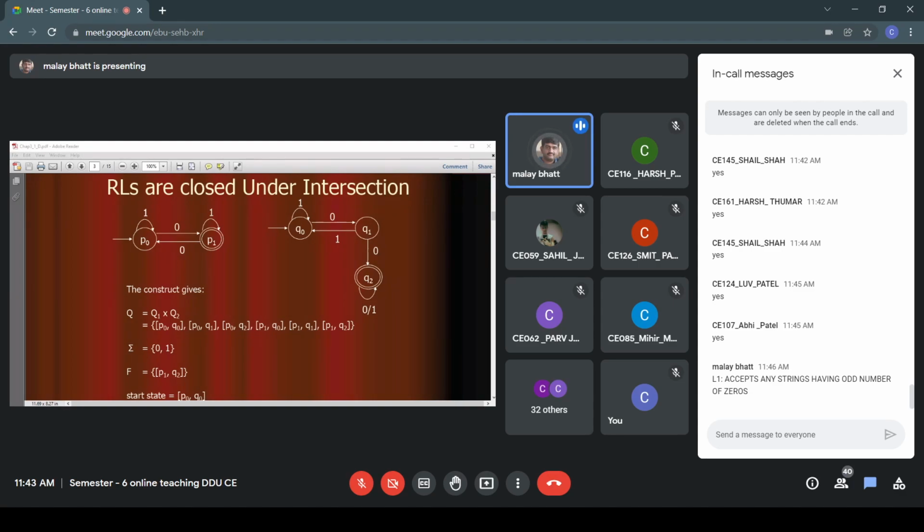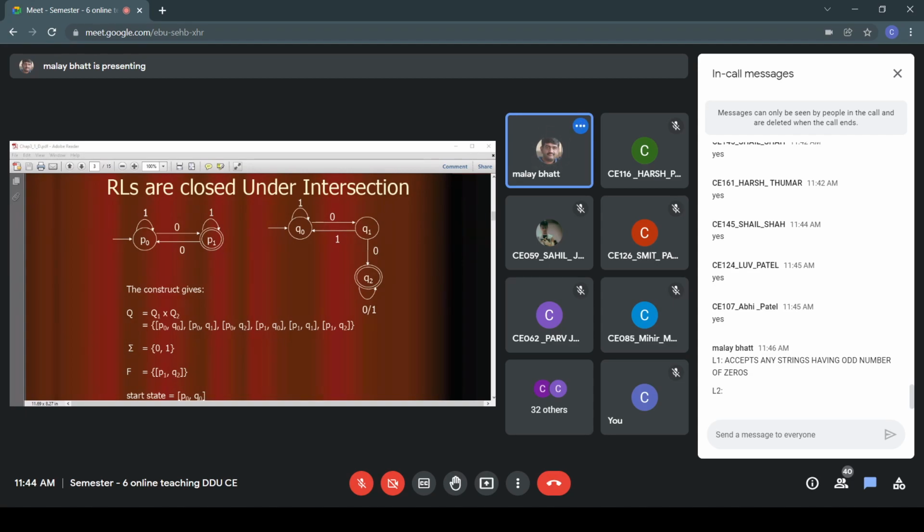So can anyone tell what the second language is? L2. What is the L2 language? In the L2 language, if you look at this picture, yes, you can write your answers in the chat window.